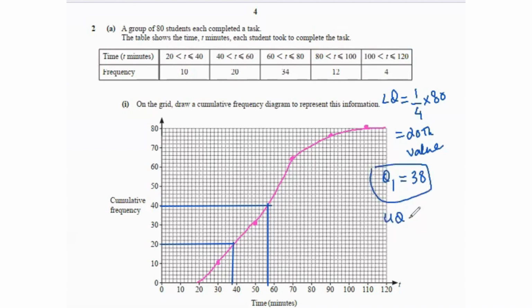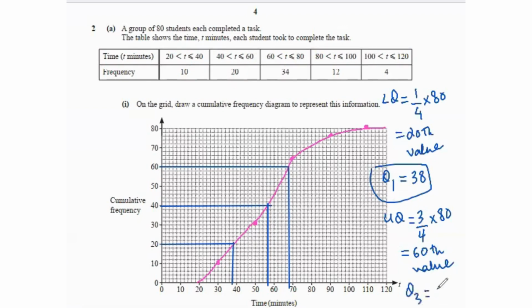And for the upper quartile, I'm going to find 3/4 of 80, which is your 60th value. So that's going to be 68.